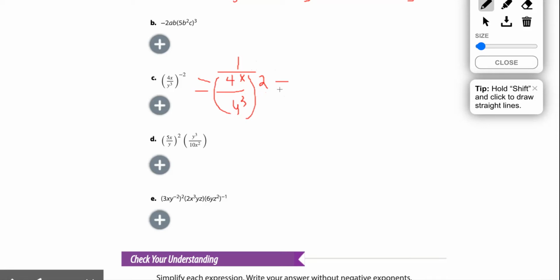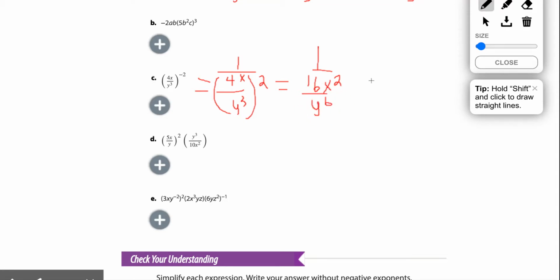Okay, the negative exponent, if we don't want to deal with negative exponents, we flip it over and make it positive. Well, now I will square everything, so that would be 1 over 4 squared is 16. X to the 2nd power is going to be x squared. Y to the 3rd power raised to the 2nd power will be 3 times 2, y to the 6th.